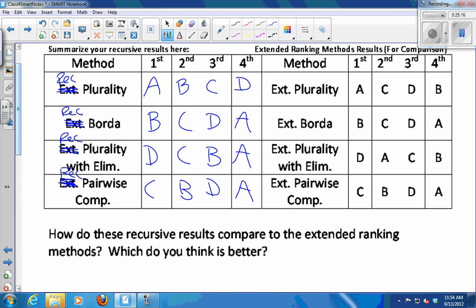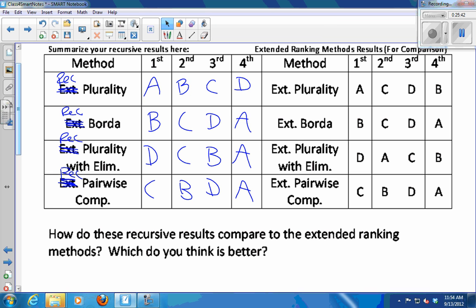So the results are different in 3 out of 4 cases. Pairwise comparison, they came out the same. Board is the same. Things with plurality come out different.